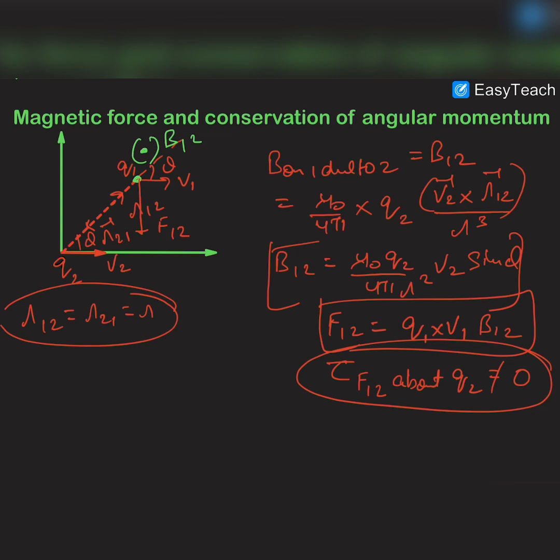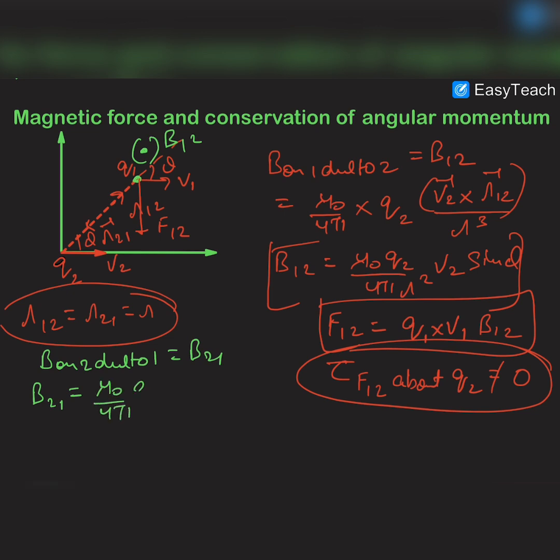Now if we find the direction of force on charge 2, first of all let us find the magnetic field on 2 due to 1. So B on 2 due to 1 will be B21, and B21 will be given by mu naught by 4 pi.